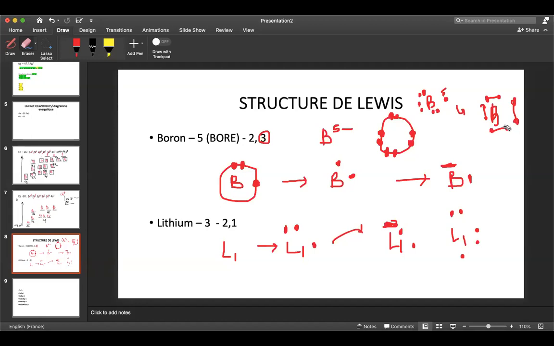Yeah, group 3, which means it's supposed to gain 5 electrons for it to be stable. Boron is in group 3 of the periodic table, and it has 3 electrons in the outermost shell. It needs 5 to gain stability.